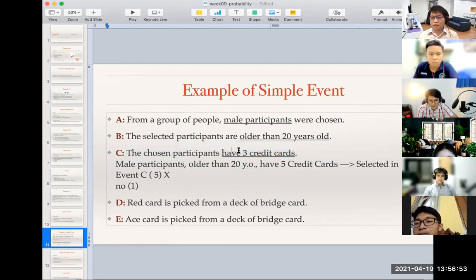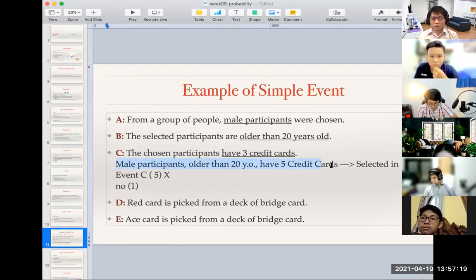In here, the statement says have 3 credit cards. In here, it does not say that have at least 3 credit cards. If the statement here said at least 3 credit cards, then it is correct. These male participants older than 20 years old who have 5 credit cards will get selected. But since it's only have 3 credit cards, obviously these male participants will not get chosen. So yeah, Kathleen is correct.